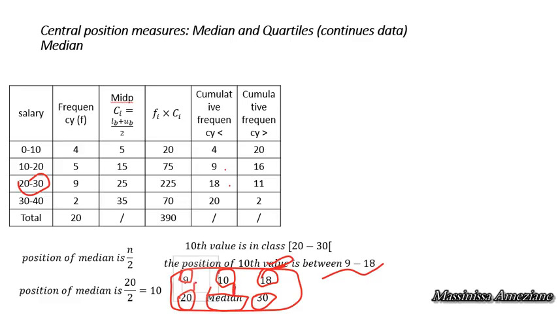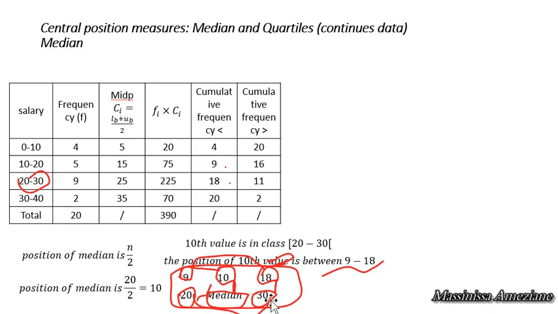So 9 represents 20, 18 represents 30, and 10 represents the median. Here we use what we call the linear interpolation. What does the linear interpolation say? Actually, it says that the distance from this to this divided by the distance from this to this equals the distance from 20 to the median divided by this distance.